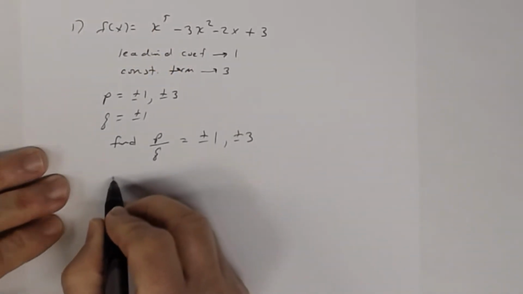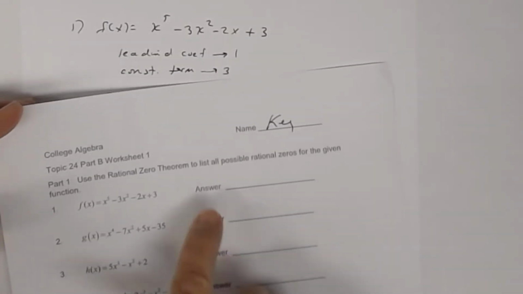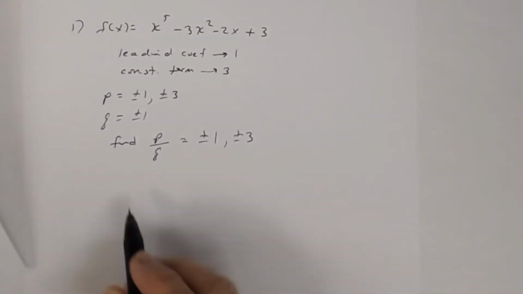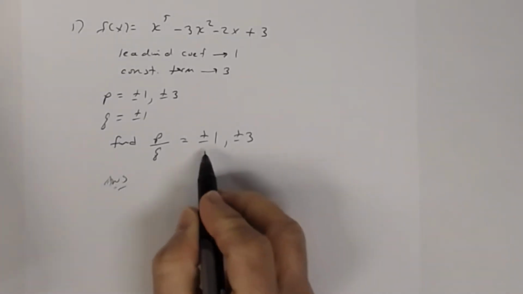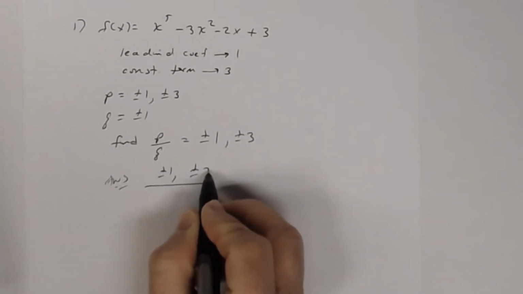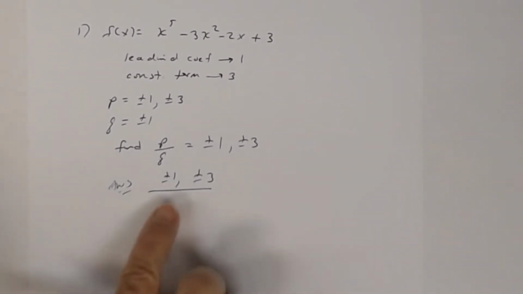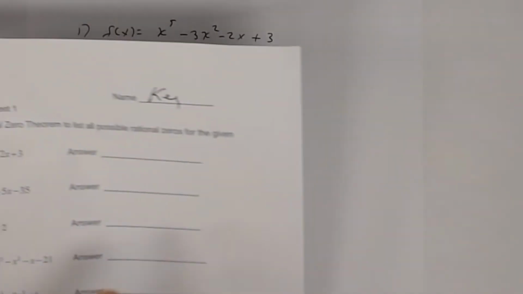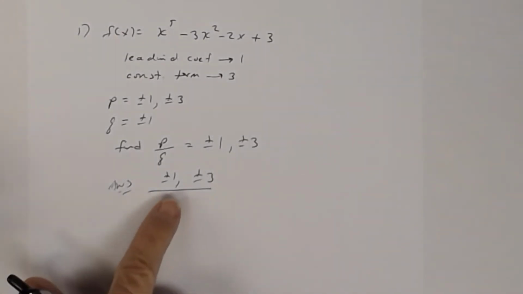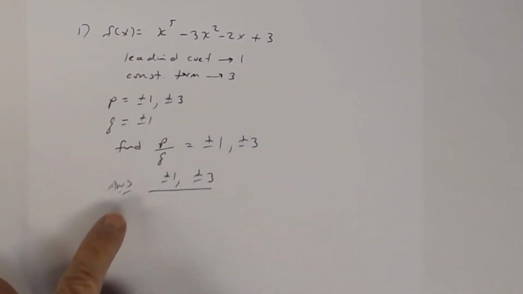All right. So the answer to this question is plus or minus 1, plus or minus 3. Now remember, these are rational numbers. You're only looking at rational numbers, right? What that means is that if this function has any rational zeros, it will have to be one of those.